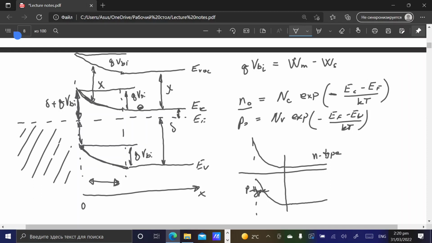Definitely all this that I described to you is a signature of a rectifying metal-semiconductor junction. So when we form a depletion layer in the semiconductor by band bending, that is the rectifying junction. That is the so-called Schottky junction or metal-semiconductor junction.